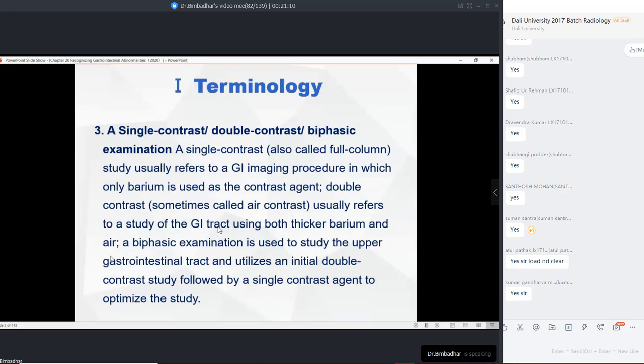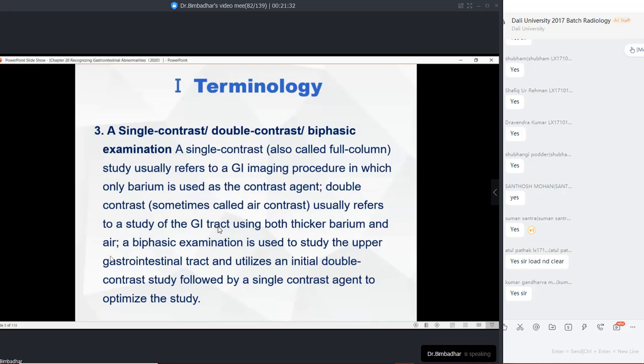So what we try to do is get air down into that area and see how exactly the air is being distributed. So for example, let us imagine a condition of intestinal obstruction, or a condition of GI stomach cancer.